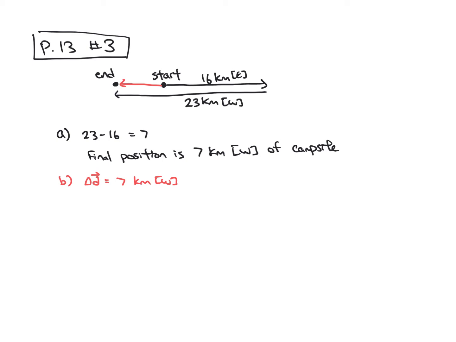C, what is the distance covered by the camper? Is it the same as the displacement? Explain. The distance, our symbol is D, and it's defined as the length of the path traveled. That's how we defined it.